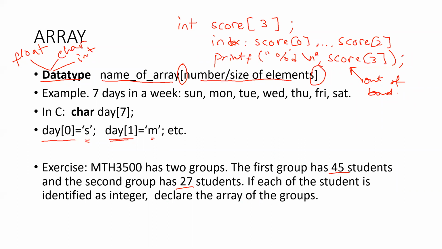So kita kena ada data type. Data type dia dah cakap kat sini. Data type dia adalah integer. Dia kena ada name of array and then size of the array. So dia kena ada 3 jenis. So macam mana dia punya setup tu?